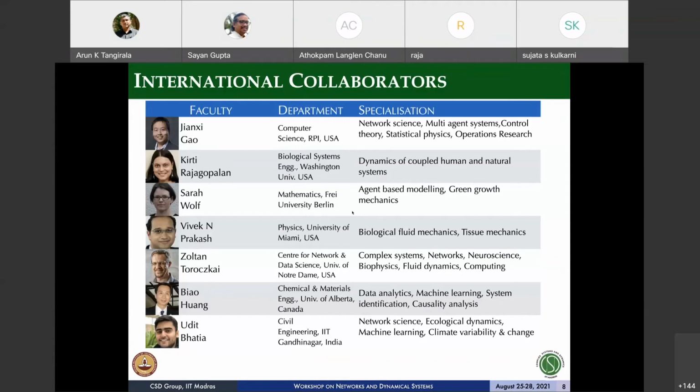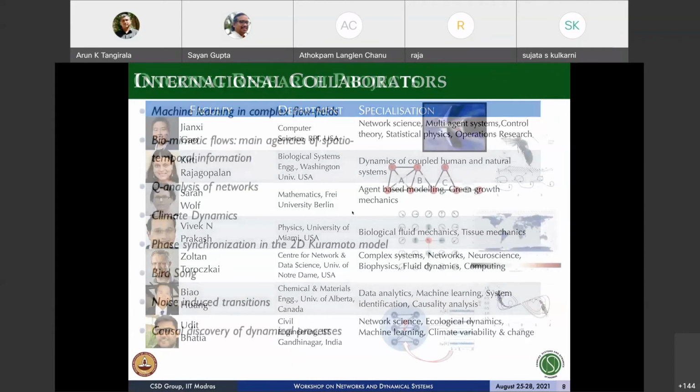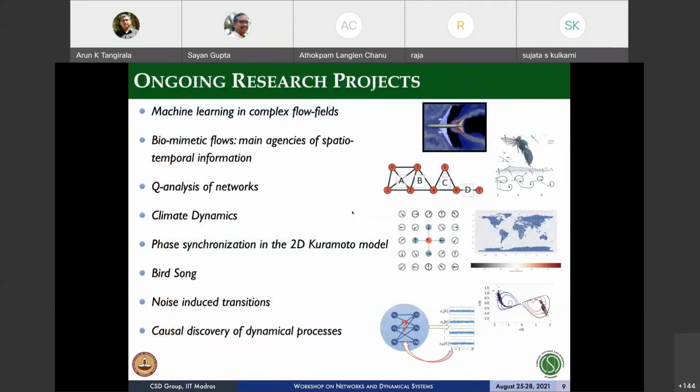All right, so let me move on here and just quickly give you a one-slide summary of some of the ongoing research projects. We talk about the research directions. Zooming in a bit, this is a very short list of a long list of research projects that we carry out.